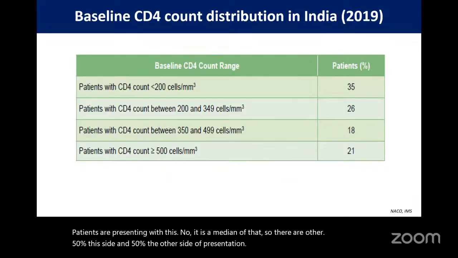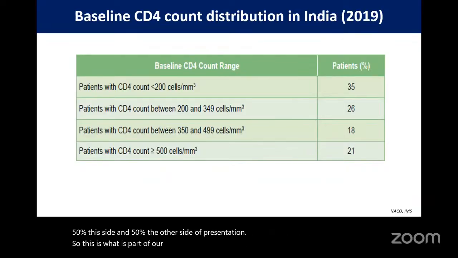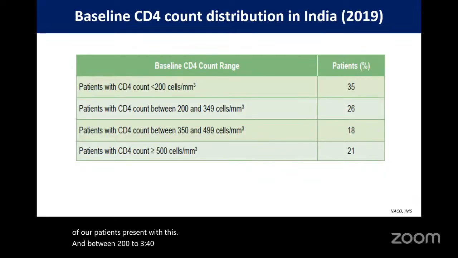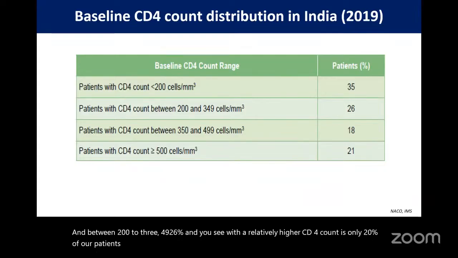So this is what is part of our guideline. 35% of our patients present with CD4 count less than 200, and between 200 to 349, 26%. And with the relatively higher CD4 count, only 20% of our patients are presenting with a CD4 count more than 500 cells.